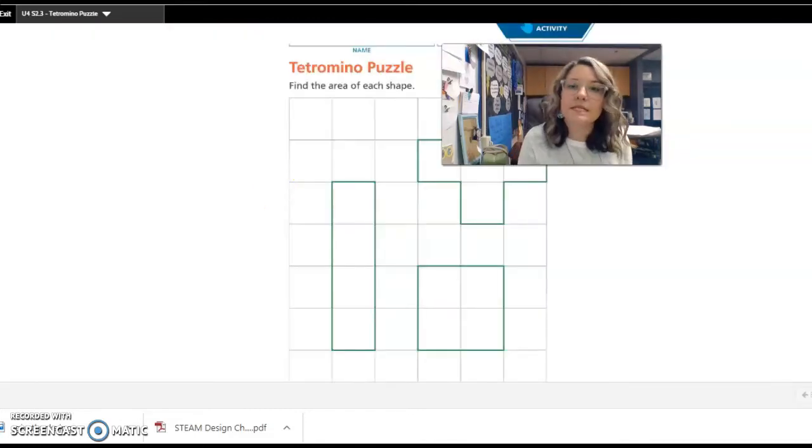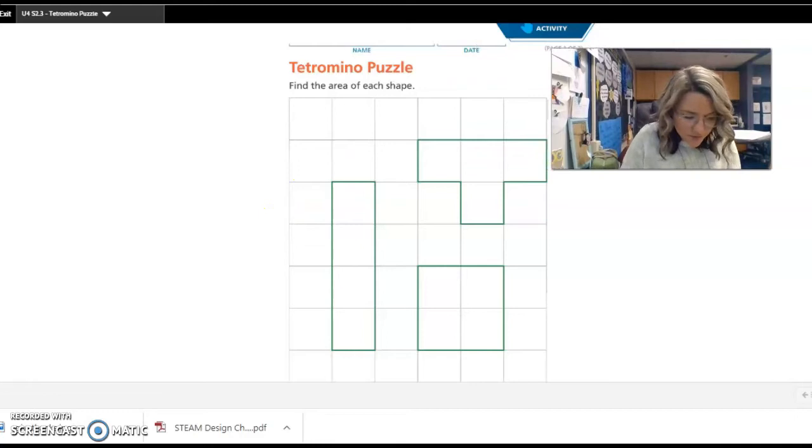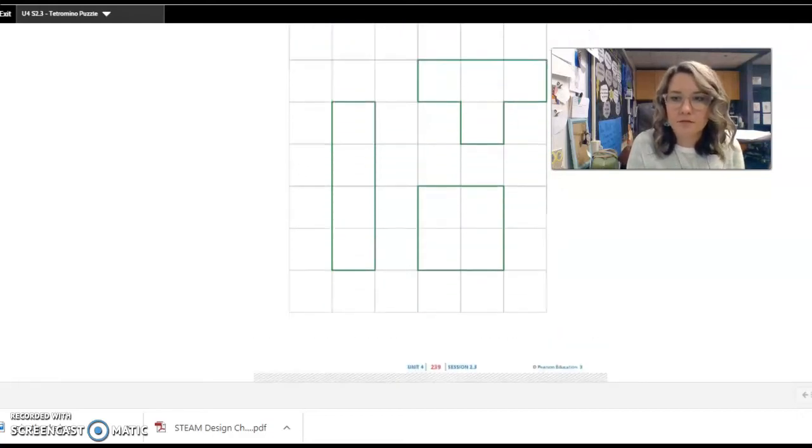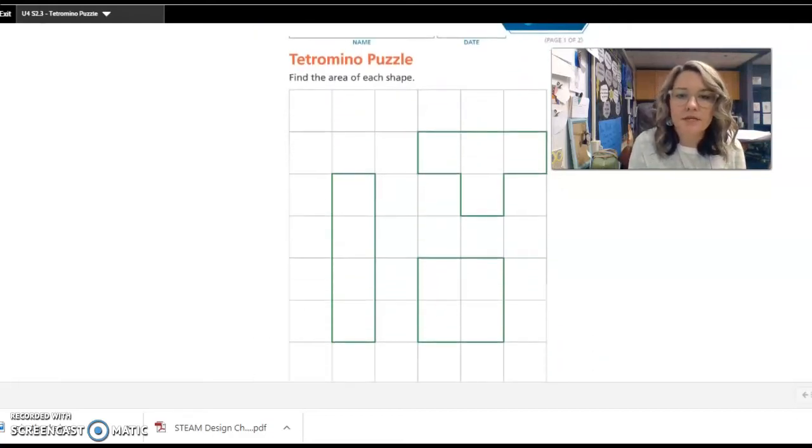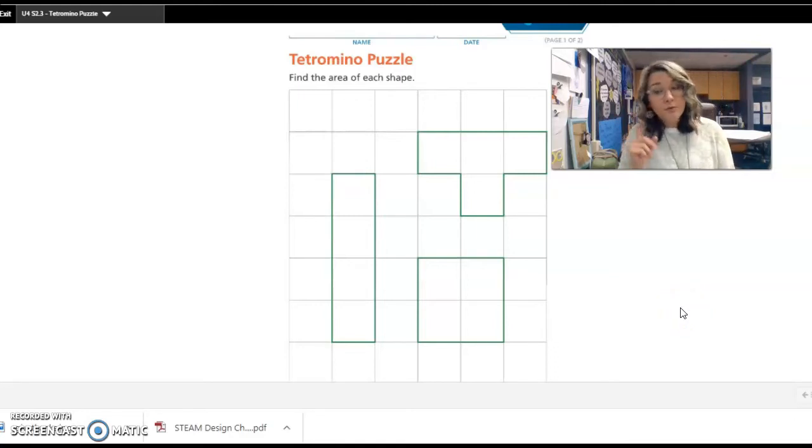Take a look at these pages, and what do you notice about these shapes? These are called Tetromino puzzles. What do you notice about these shapes? What are the square units on these pages? Do you remember what the area of each Tetromino is?